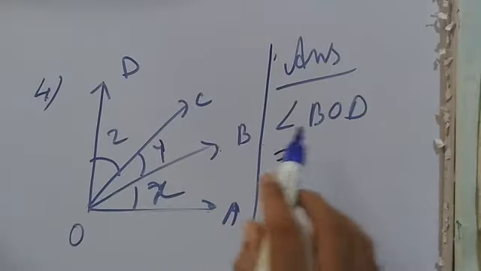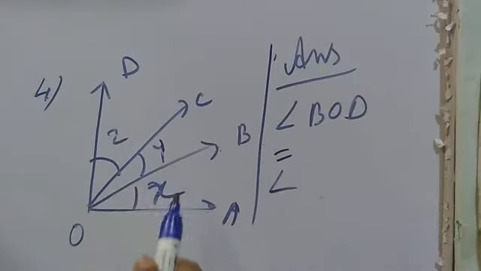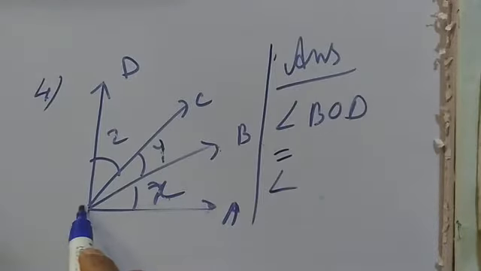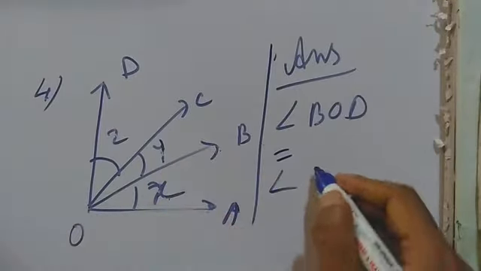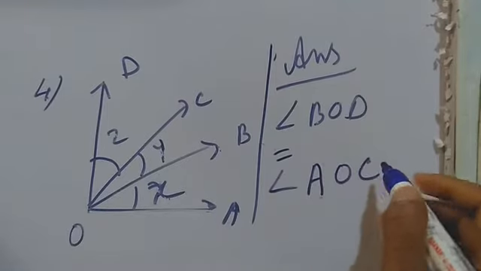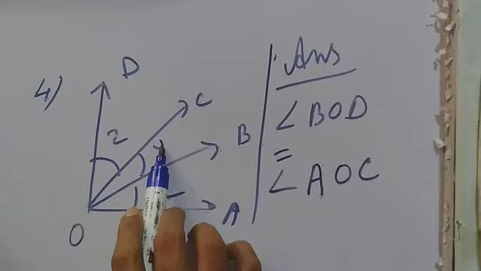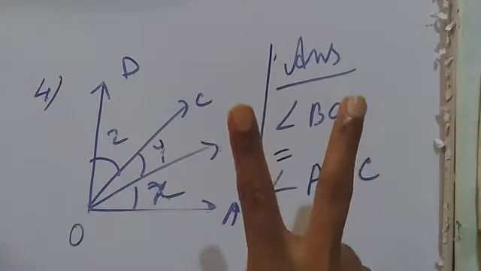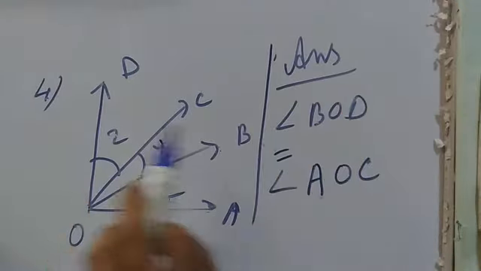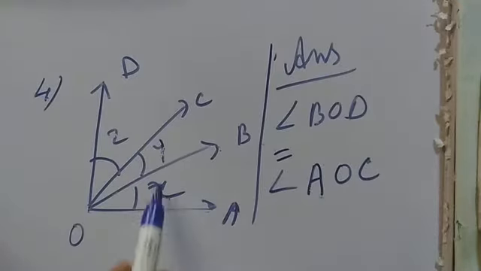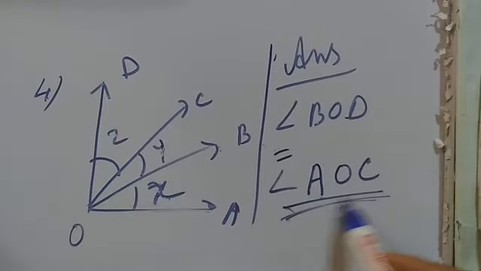BOD already contains Y and Z, so you can take Y and X here, so it will be AOC. In AOC, how many angles are there? Small angles X and Y. In BOD also two angles Y and Z, and in AOC also two angles X and Y. So this is your answer.